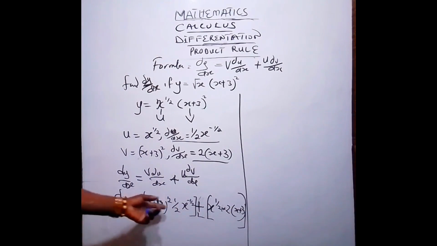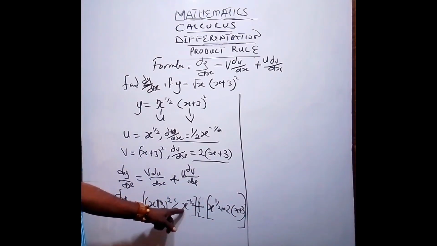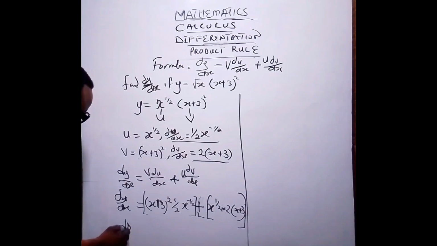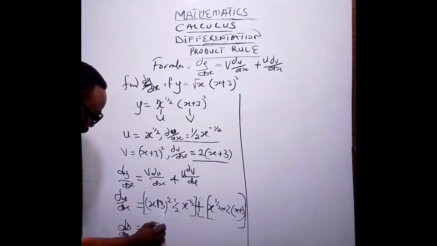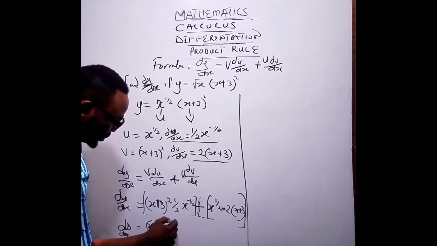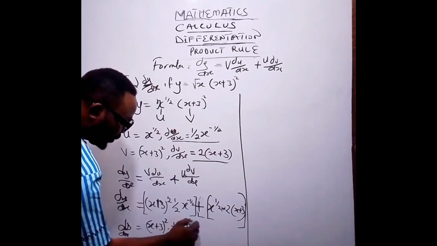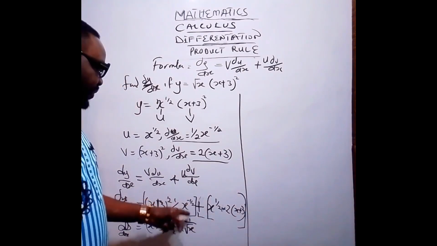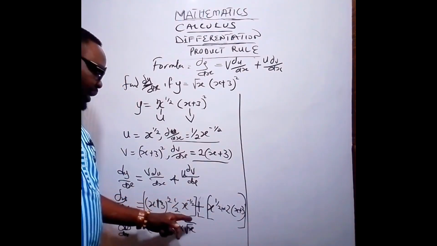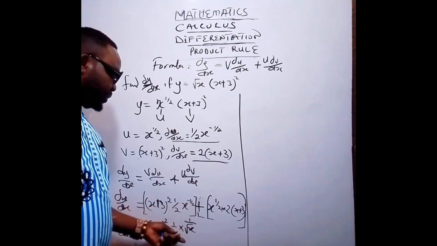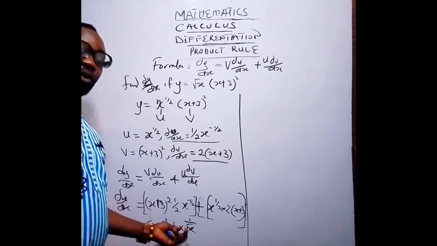Now you will discover that this value can be turned into 1 over root x. So we can now say that dy/dx is equal to (x plus 3) squared times 1 over 2 times 1 over root x. This is because the negative power has turned into the reciprocal of x, and the power of 1 over 2 transforms into the root of x.